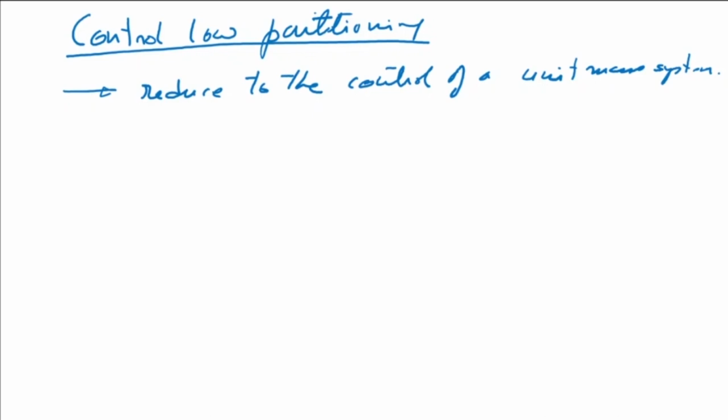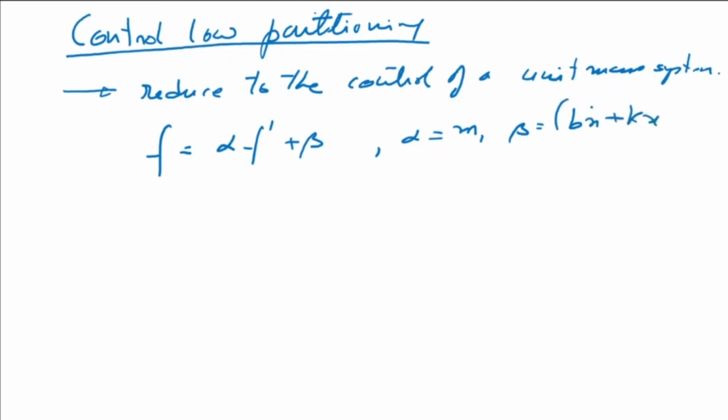And how do we do that? We say that the force that we are going to apply will consist of two parts: F equals alpha into F dashed plus beta, where alpha is equal to m and beta is equal to b x dot plus k x. This is the substitution that we are making. So in my equation, m x double dot plus b x dot plus k x is equal to F, and F is equal to alpha into F dashed plus beta.